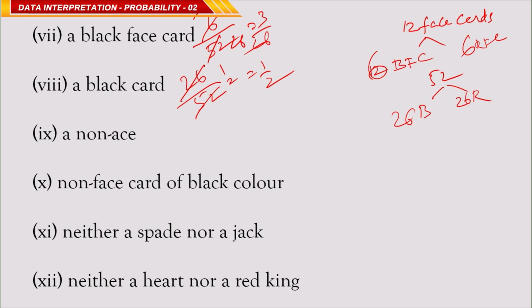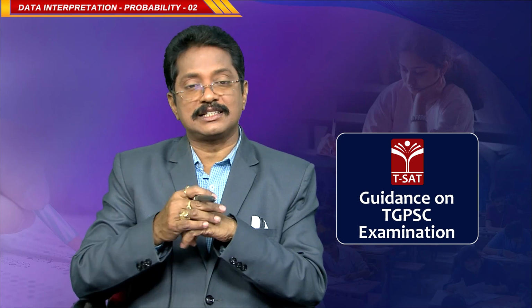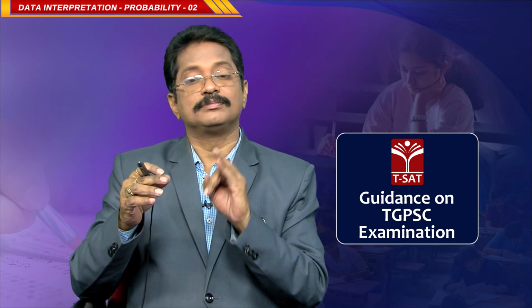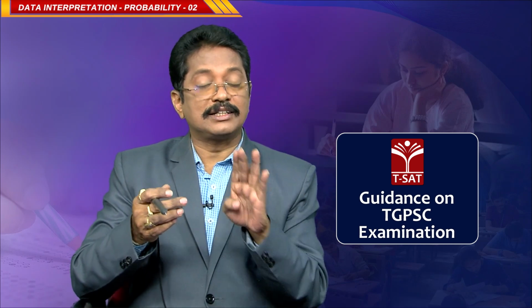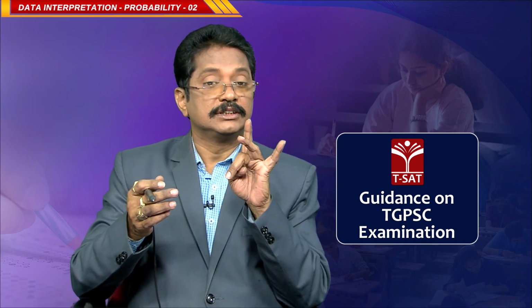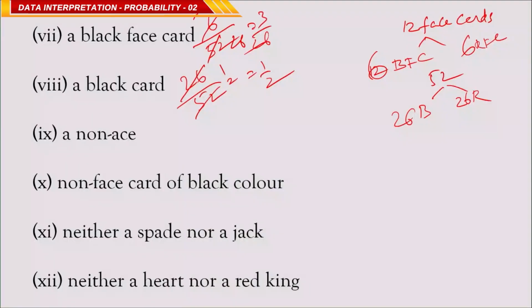Now, the next one is non-ace card. How many ace cards are there? There are 4 groups. In each group we have 1 ace: spade, club, diamond and heart. There are totally 4. Getting an ace card is 4 by 52, that is 1 by 13.